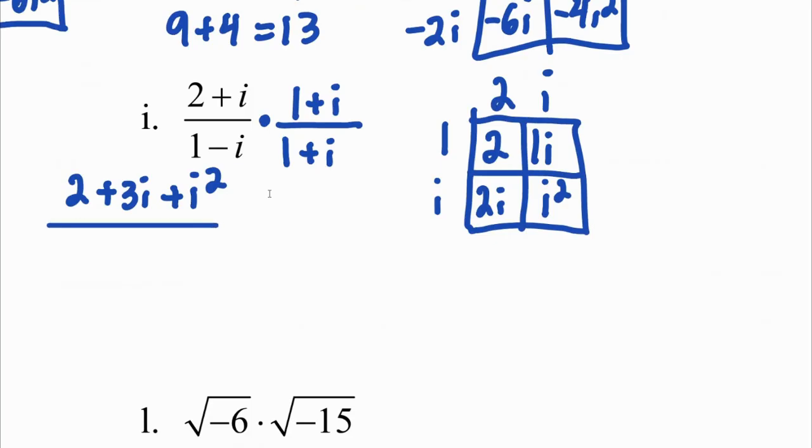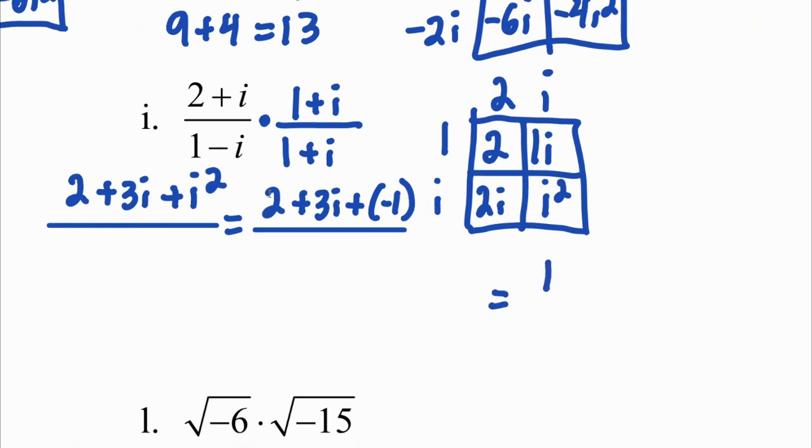Okay, and I still need to get my denominator, but I can go ahead and simplify that numerator if I want, right? Because I can do 2 plus 3i, and then I can turn that i squared into a negative 1. And again, I can combine that 2 and that negative 1 to get 1 plus 3i in my numerator. But then I need to go ahead and I need to multiply out my denominator as well.